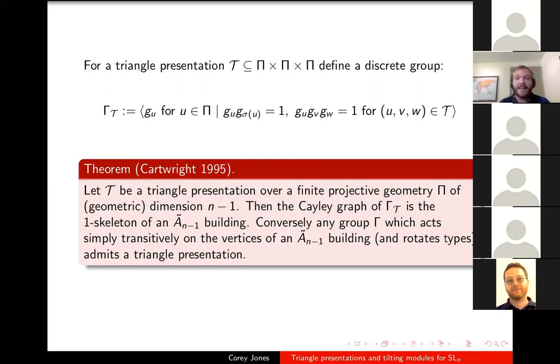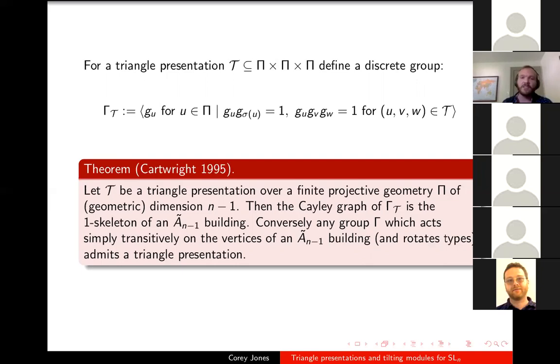So you just take the flag complex of the Cayley graph, you get an affine A_{n-1} building. Conversely, if I take any group which acts simply transitively on the vertices of an affine A_n building and satisfies this technical condition called type rotating, then if you do that construction we said earlier to make a presentation, then that exactly will be a triangle presentation.